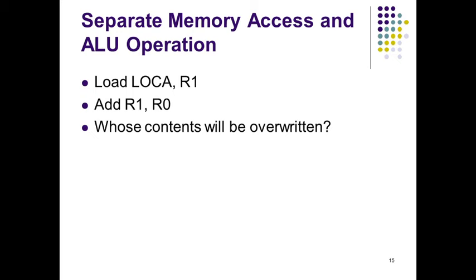The effect of the above instruction can be realized by a two-instruction sequence: Load LOCA, R1 and Add R1, R0. So this sequence of two instructions is the same as the previous instruction, that is, Add LOCA, R0.